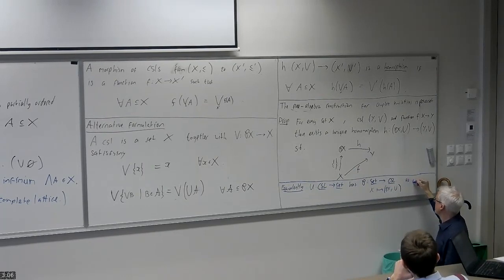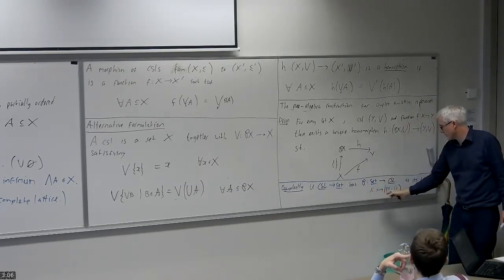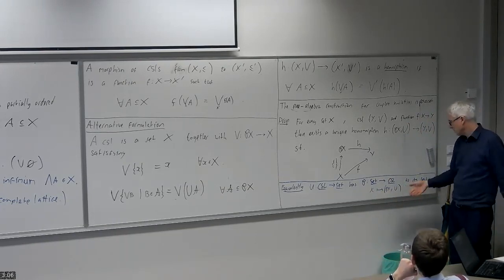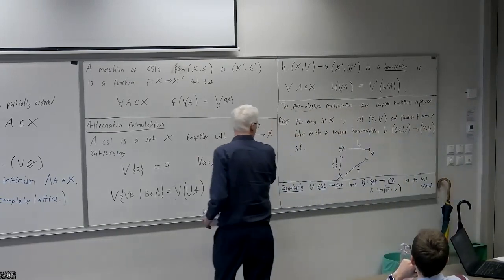I won't bother writing the action on morphisms. The operation on morphisms is just the direct image function here. So this is one of the covariant power set functors that we considered earlier in the course.